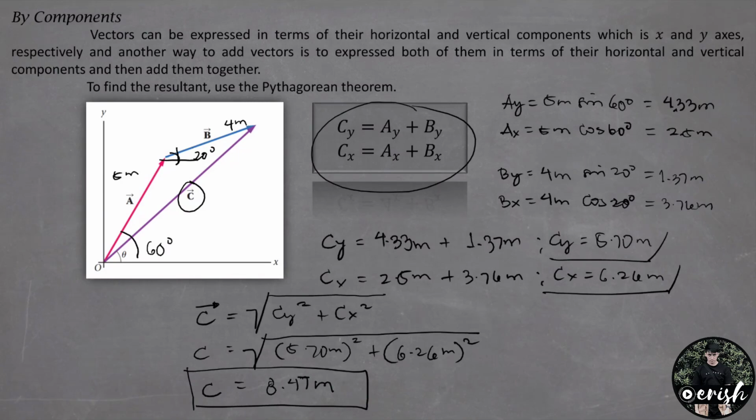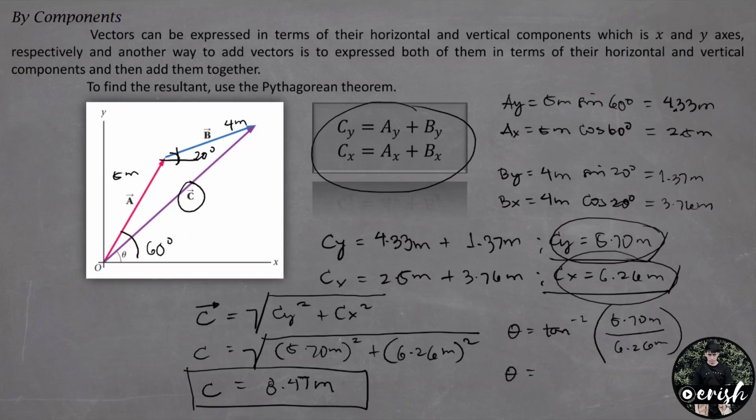For the angle naman, gagamitin lang din natin itong CY and CX. Again, tangent function ang gagamitin natin. Inverse tangent of 5.7 meters over 6.26 meters. And ang angle theta natin, or the direction of the vector sum, is equal to 42.3 degrees.